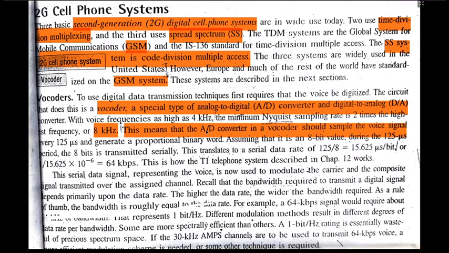This means that the A to D converter converts the voice signal into serial form. Okay, so one by one the signal is being converted.